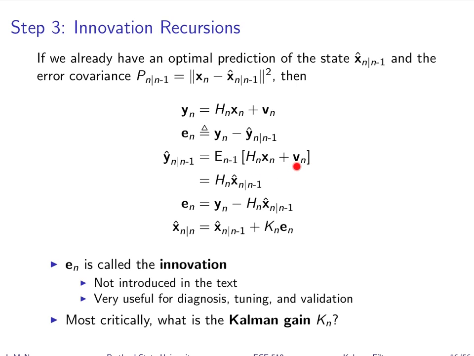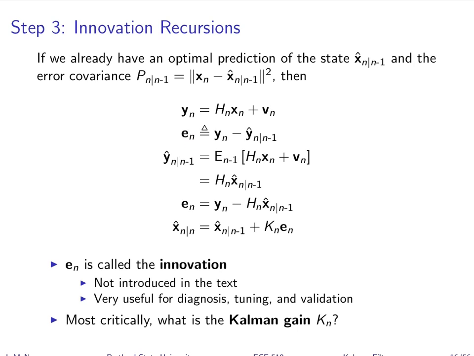The expected value of the noise is 0 because it's zero mean, and the expected value of a constant times x of n is just that same constant, our measurement matrix, times our predicted estimate. So to calculate the predicted measurement, you take your predicted state and multiply it by your measurement matrix, and that's it.